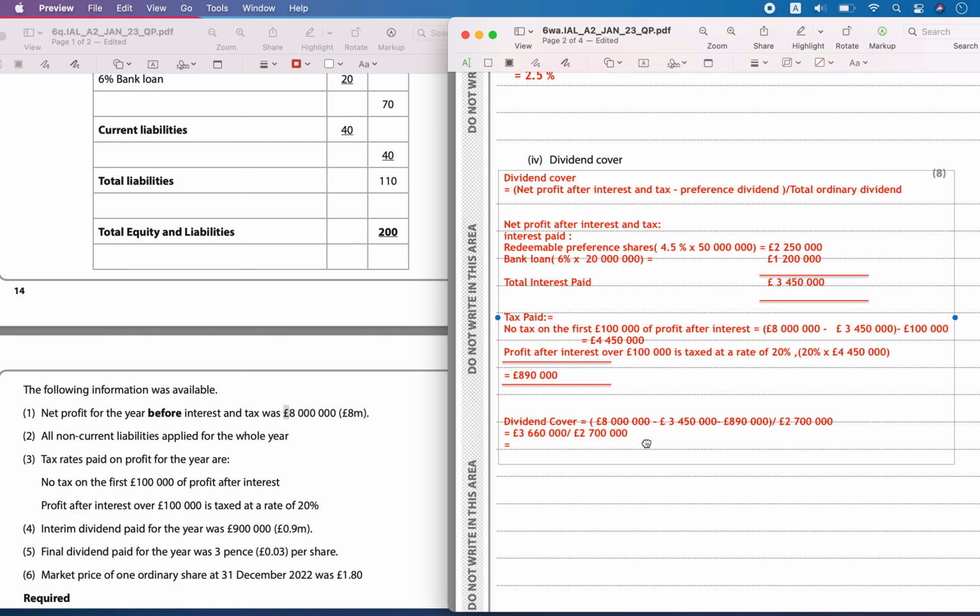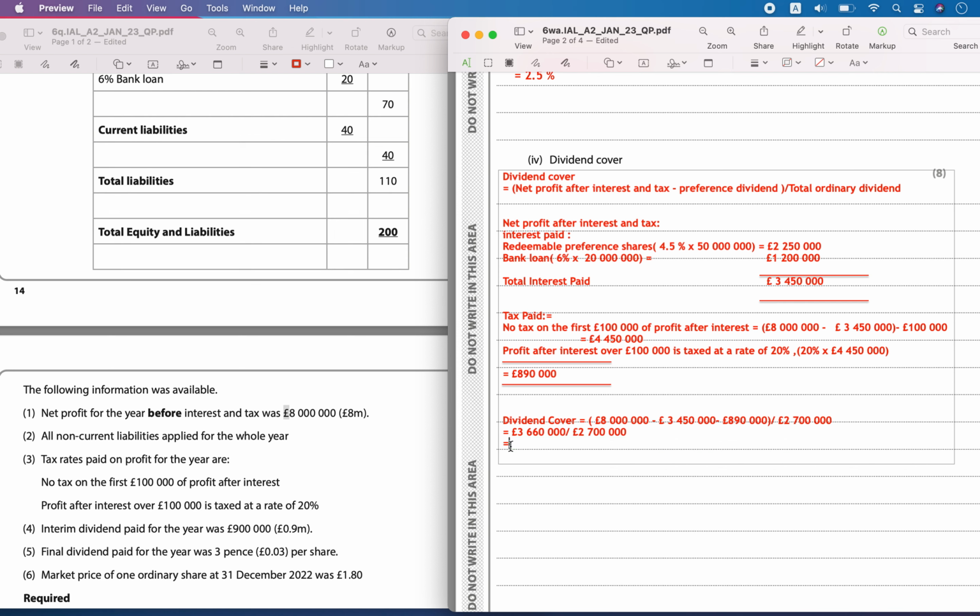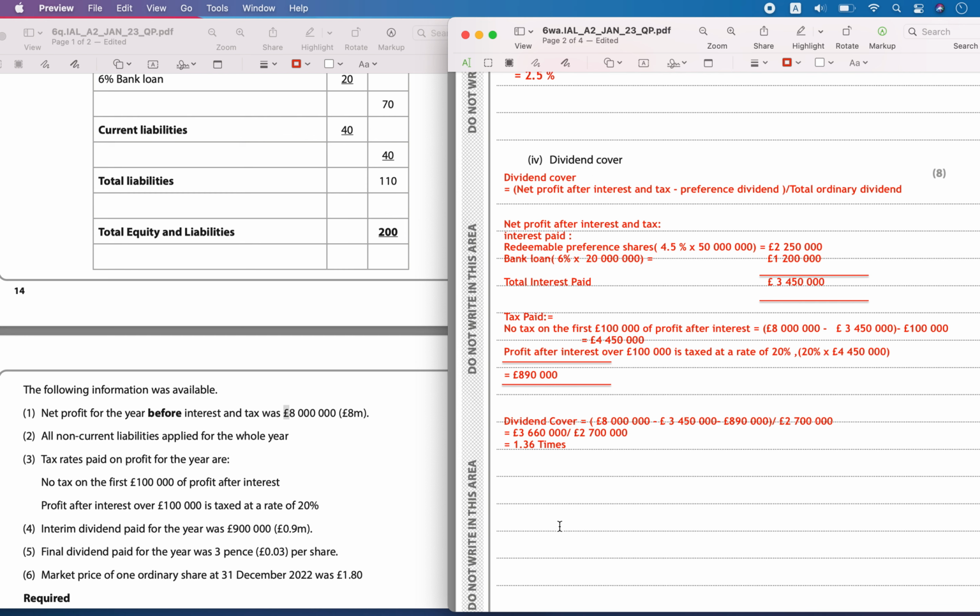So that is going to be equal to 1.36 times.